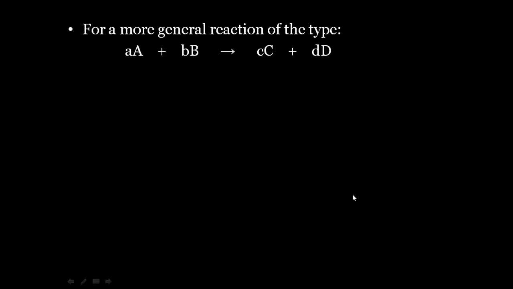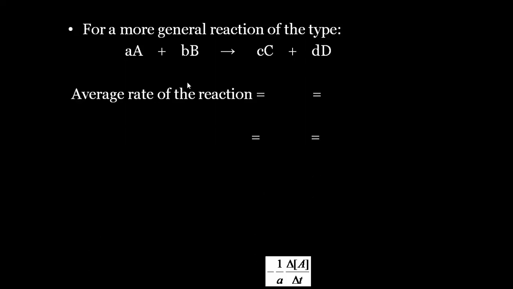Let us try to take a more general reaction. Usually we have a reaction with a number of moles, or what we call stoichiometric coefficients. In such cases, how do we understand the rate expression? Let's say we have a reaction of the type: a moles of A plus b moles of B give you c moles of C and d moles of D. In such a case, how to write the rate expression?